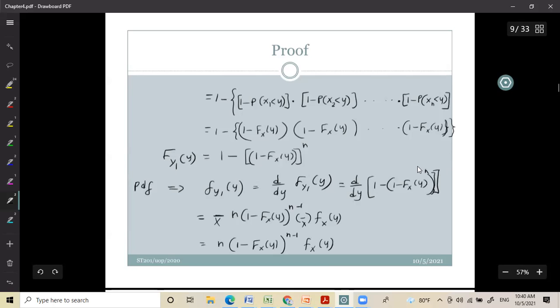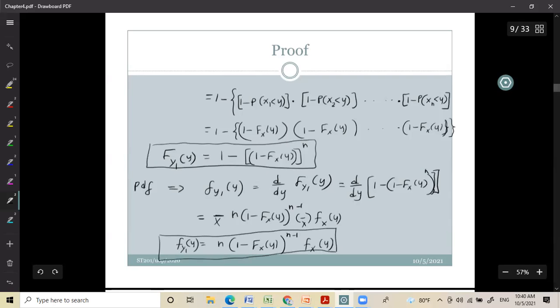So that is the PDF of the minimum. Those are the 4 equations you need in this course: the CDF and the PDF of the minimum and the maximum. Now is it clear to all of you how to derive these distributions, the argument?